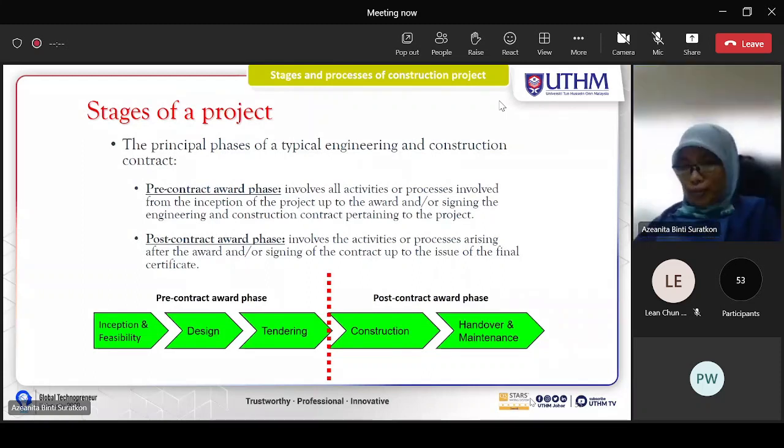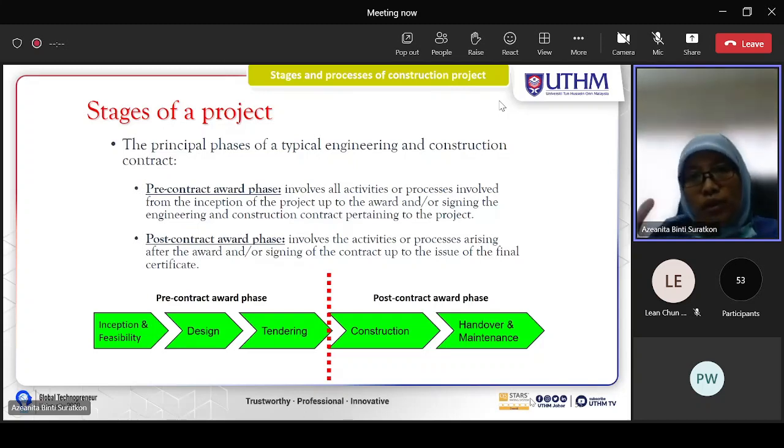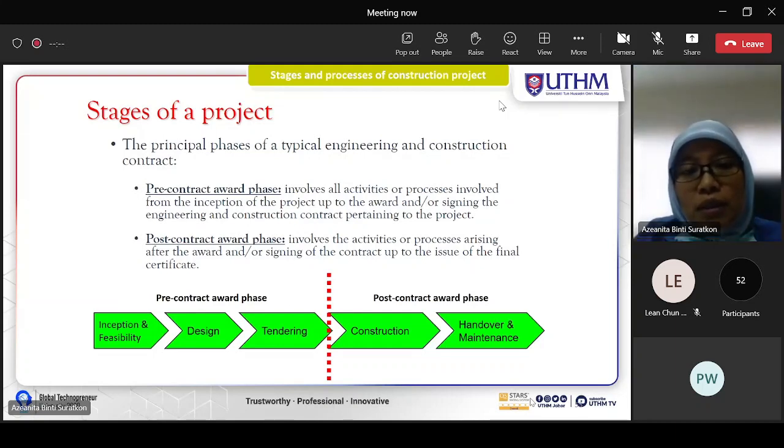So we focus on the construction project stages and processes of construction project. Okay, and this actually we already know what is the building, where is the location of the project.